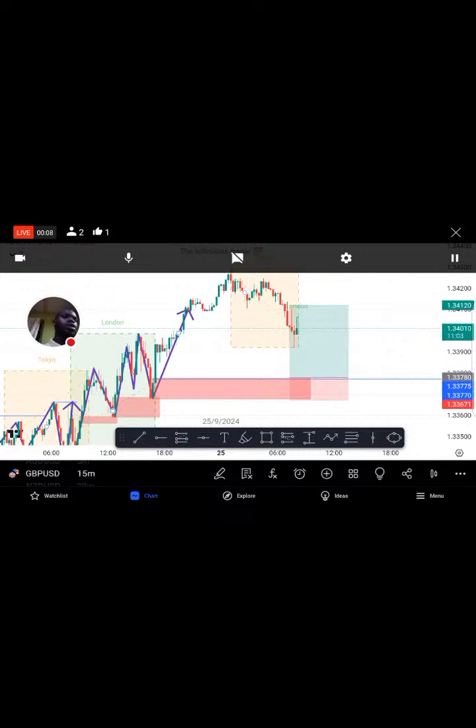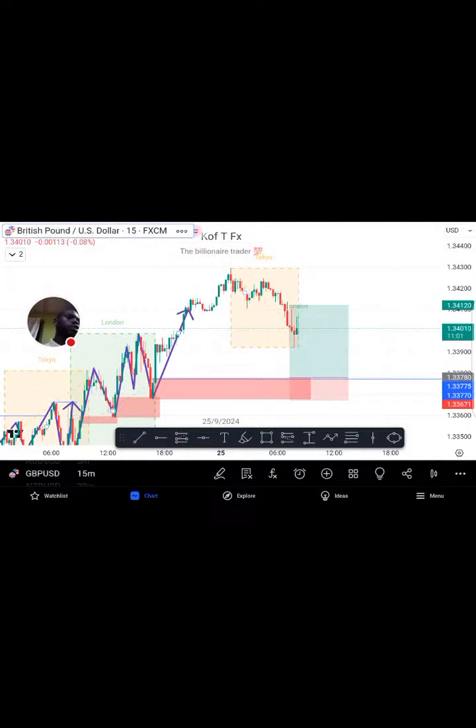So I'm going to use it to calculate the lot size I'm going to use. I'm risking $30 on this, and that's on my probe account, the $5,000 probe account I'm trading.